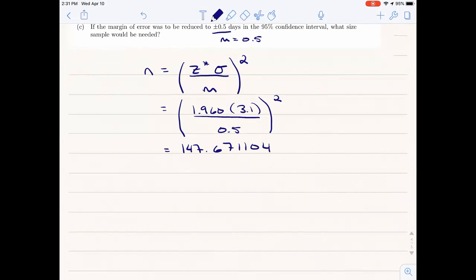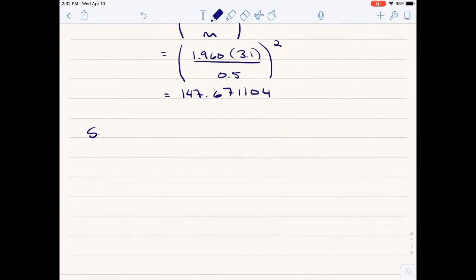Remembering for your sample size calculations, right, regardless of what the decimal is, you always have to round up to the next whole value, right? And so because we can't take 0.67 of a tomato plant, right, and only record 0.67 of an observation, we have to bump it up to 148.